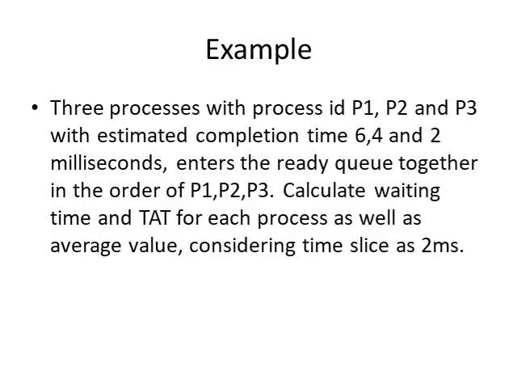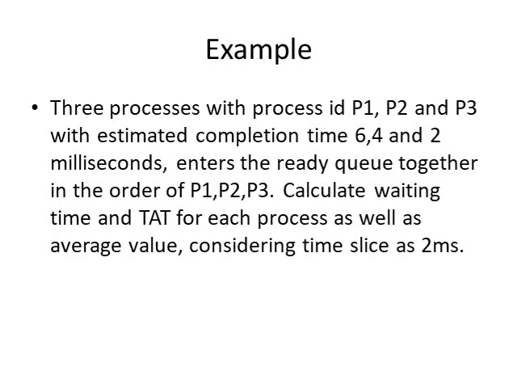Let us take an example to demonstrate how the round robin or RR scheduling technique works. The example here has three processes with process IDs P1, P2 and P3, with an estimated completion time of 6, 4 and 2 milliseconds respectively. All the processes enter the ready queue together, but in the order of P1, P2 and P3.